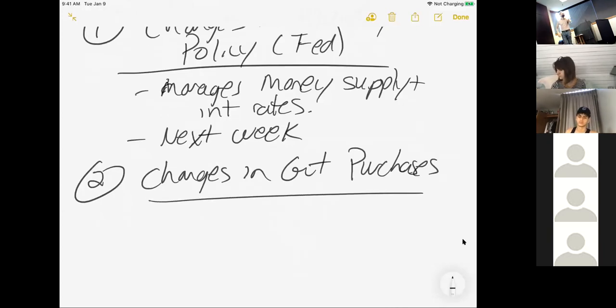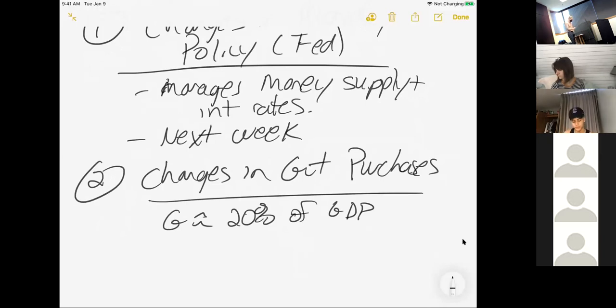Changes in government purchases is one of the big things that can influence aggregate demand. Government purchases are 20% of GDP. As we talked about, government purchases are about 20% of GDP. If the government spends more, can this influence aggregate demand?